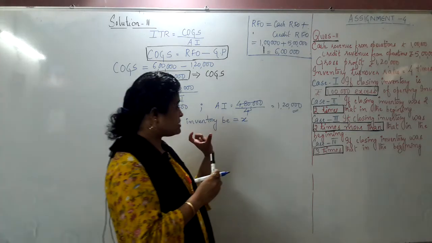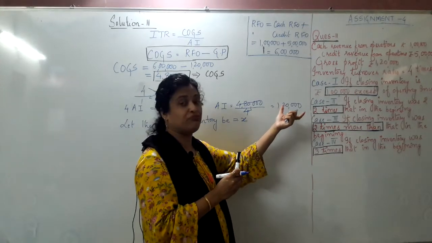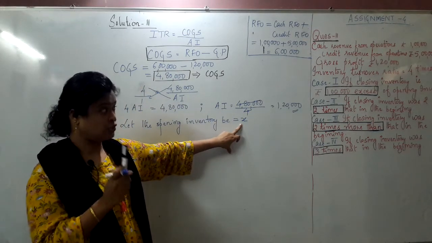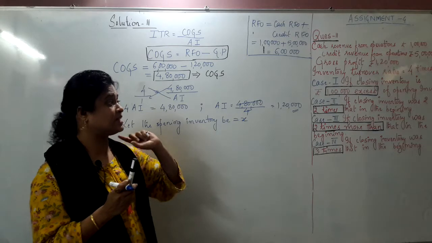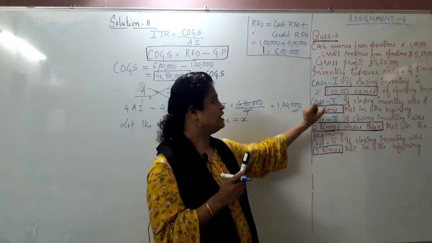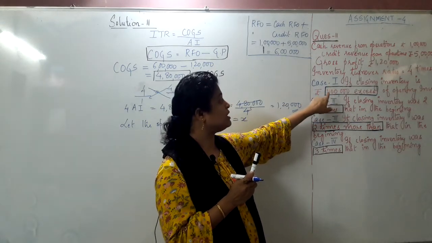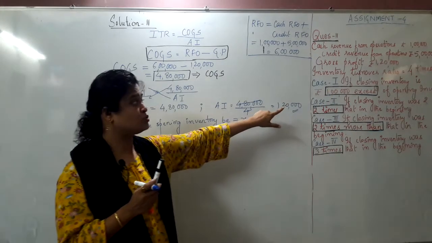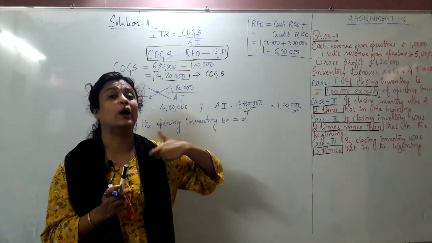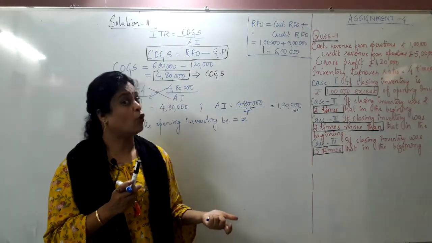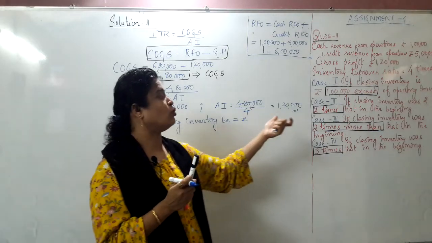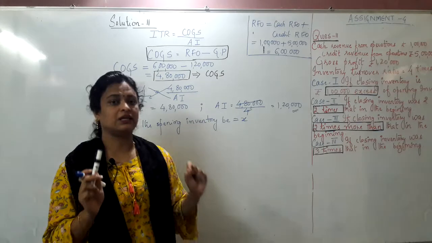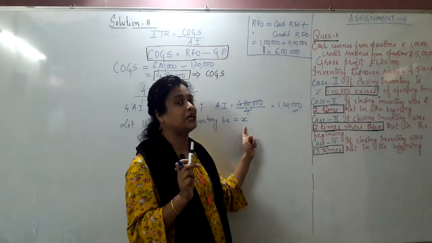In order to assume a variable, we need to take care that no clear-cut information about it is given. About closing inventory, some information is given to us: closing inventory is 1 lakh more than opening inventory. But for the opening inventory, there is no information as such. This is the reason we have taken the opening inventory as X.